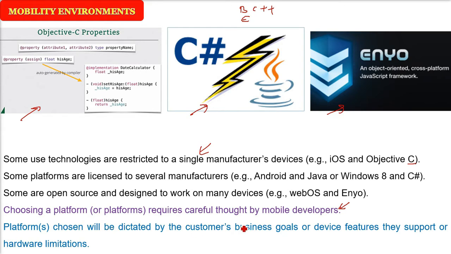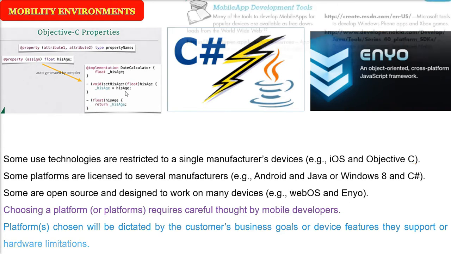And what device features he wants supported, or the hardware limitations he has. The platform needs to be chosen according to that also. So there are different mobile environments that need a lot of consideration.